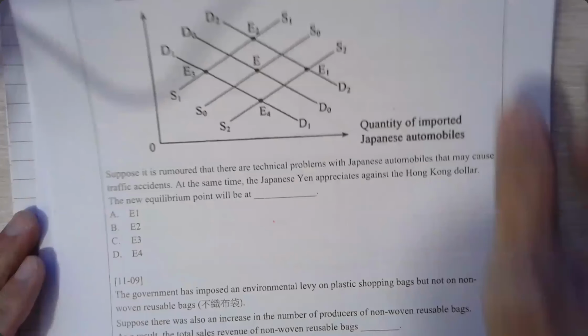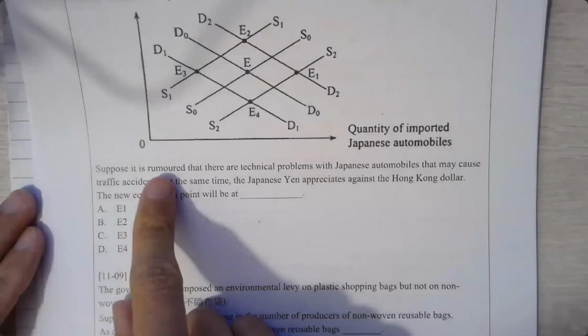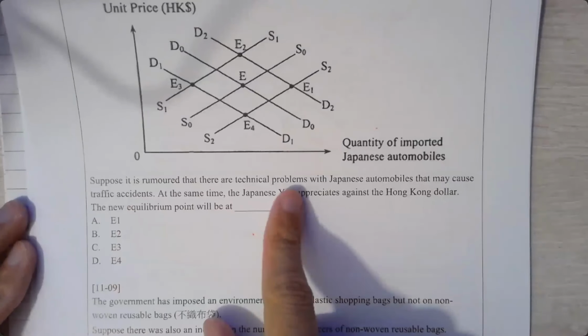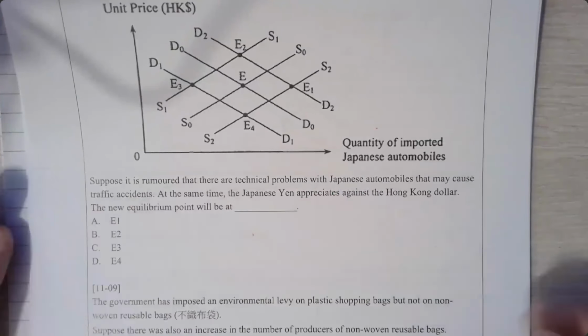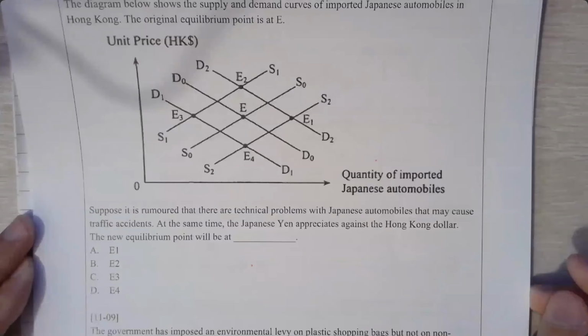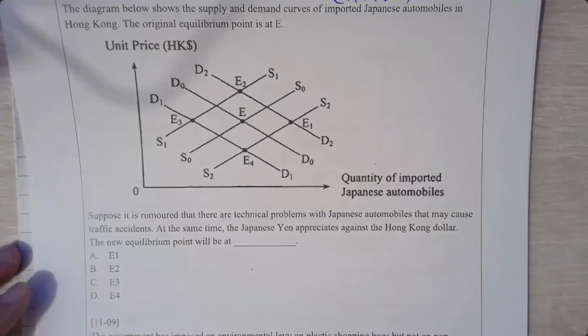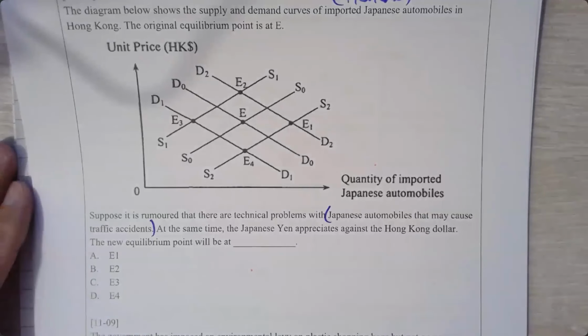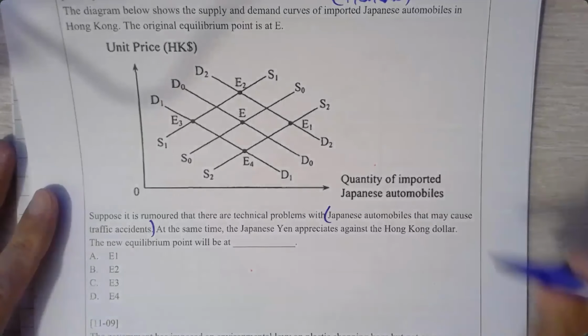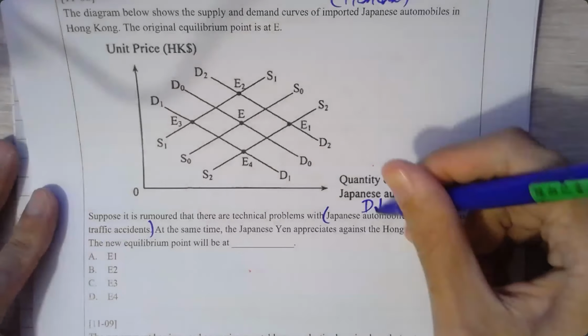好啦 now suppose it is rumor that there are technical problems with Japanese automobile that may cause traffic accident。好啦，原來日本車會炒車嘅。So immediately, I think this one you guys would understand。好啦，日本車會炒車，咁買唔買咁多？梗係唔買咁多啦。Demand would decrease.